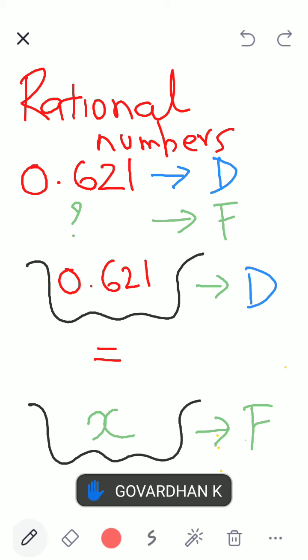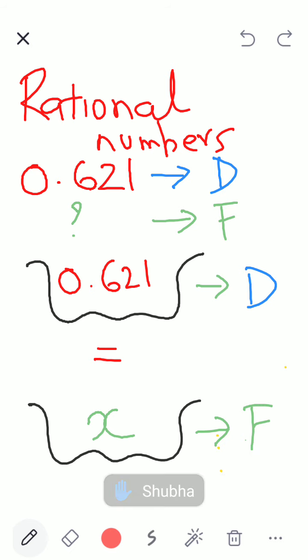So what is the first step? Look at the two bags. What do I know? I know the decimal number. What do I not know? But what do I know? Look at this.